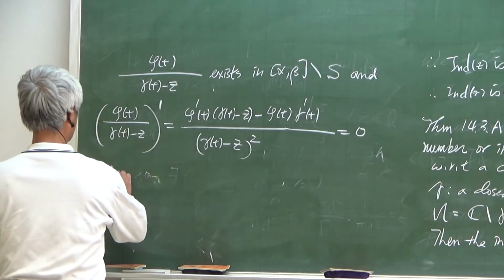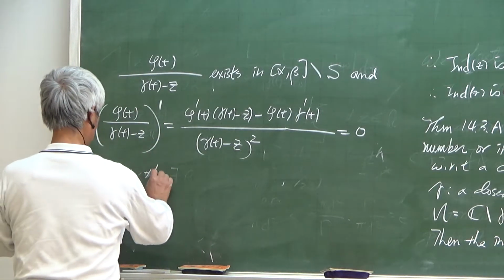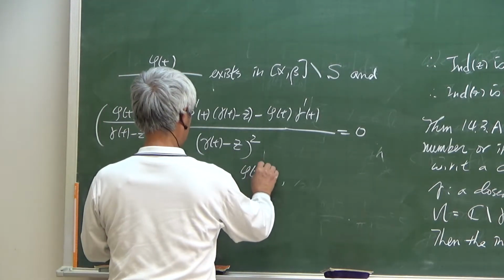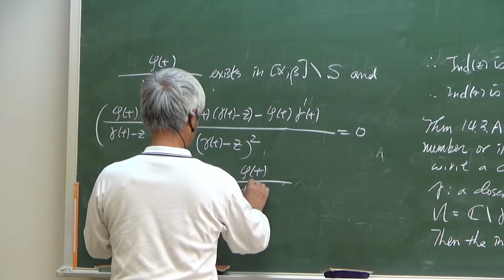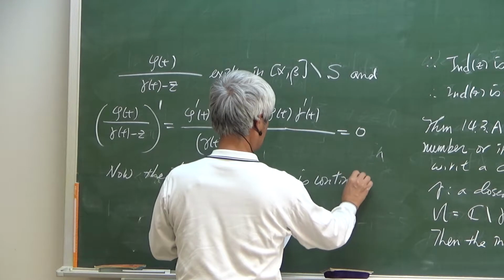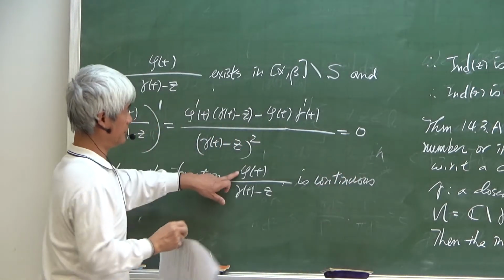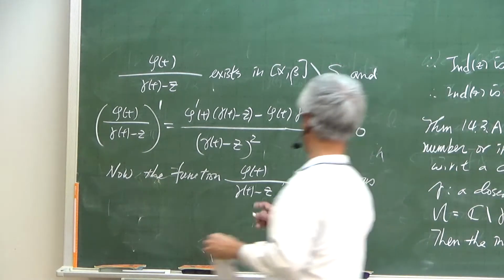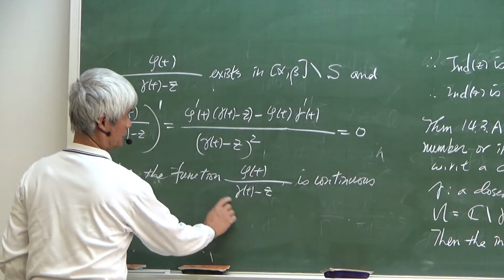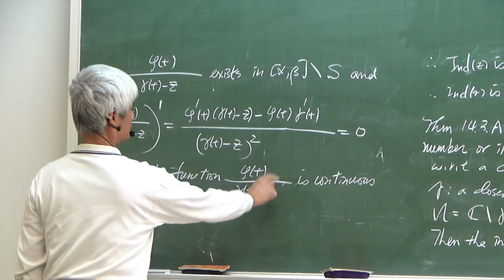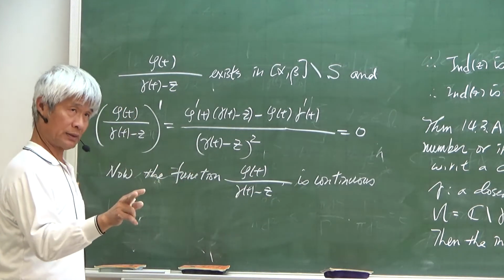Now the function phi t over gamma t minus z is continuous. Of course, because phi t is continuous, and the inverse of gamma t minus z is also continuous. So the product of two continuous functions is continuous.